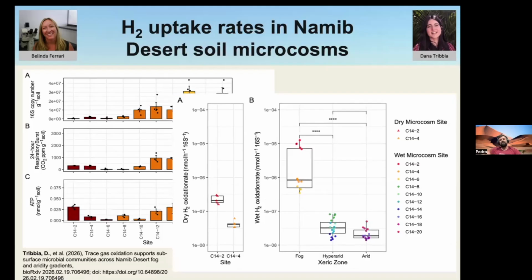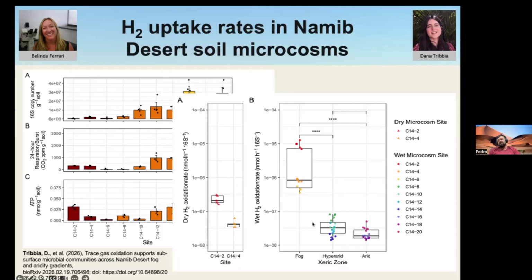Now, if you look at the hydrogen uptake itself, the really interesting result here is that not only do those two sites that I just mentioned have higher hydrogen oxidation rates than many of the other points in the transect, but once you add water to the system, those two sites in particular, as well as C14-6, had a huge increase in the rate of hydrogen oxidation.